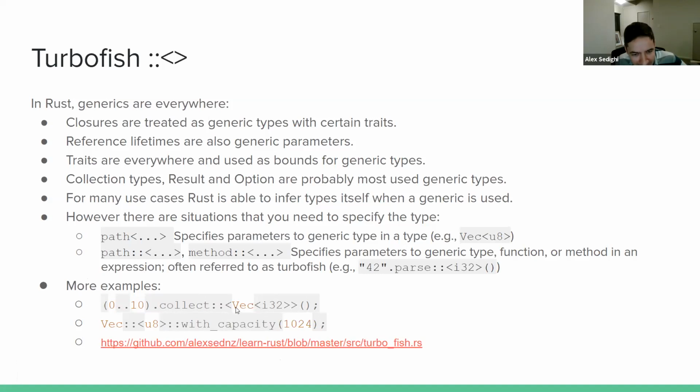Now you are passing a type. This part is a type. Vector of I32 is a type, so you don't use the turbofish inside because it's a type, it's not an expression.